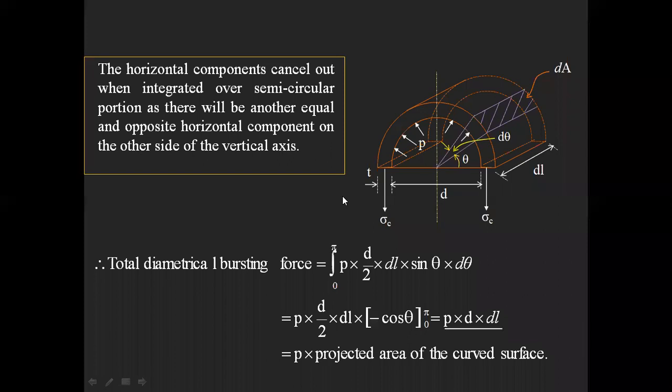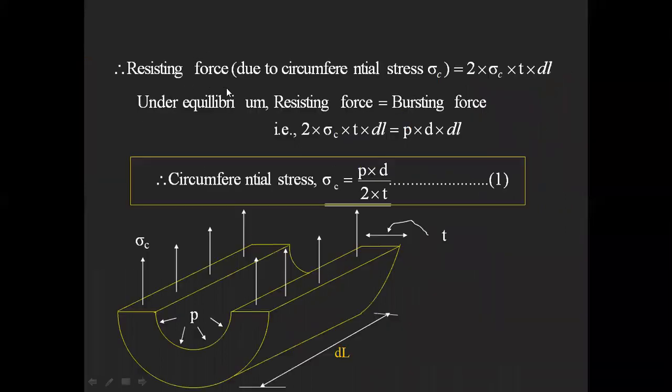Can anyone tell me what will be the resisting force where your member is in equilibrium? There should be some force which resists this bursting force, and we call it the resisting force. The resisting force due to the circumferential stress will be 2 into sigma C into T into dl.